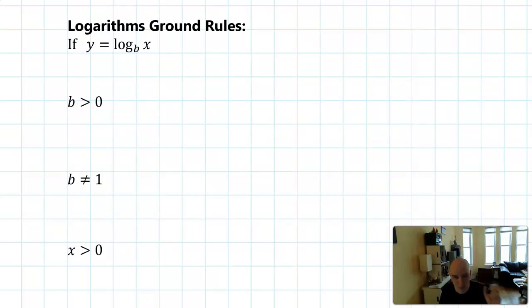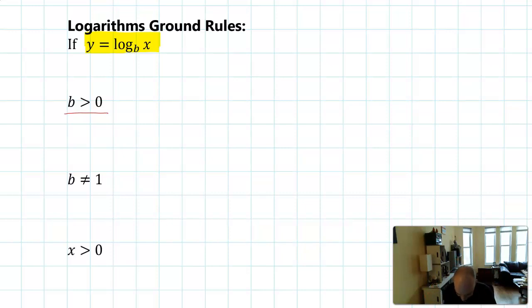I wanted to give you 3 important ground rules for any kind of logarithm statement. So for this section, we're going to assume that we're looking at a statement of the form y equals log base b of x. So x is the argument and y is representing the logarithm. The first rule is that the base must always be greater than 0. You're not going to have a log that makes sense with a negative base.